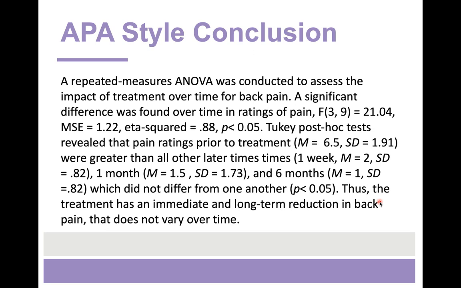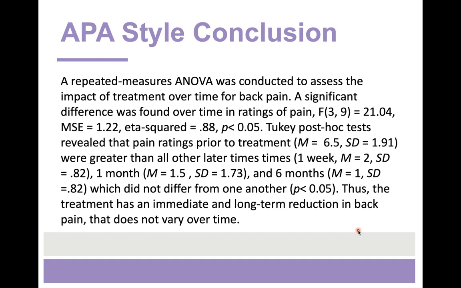And so all we have left to do, finally, is write up our APA-style conclusion. So repeated measures ANOVA was conducted to assess the impact of treatment over time for back pain. That's our test and our research question. A significant difference was found over time in ratings of pain.